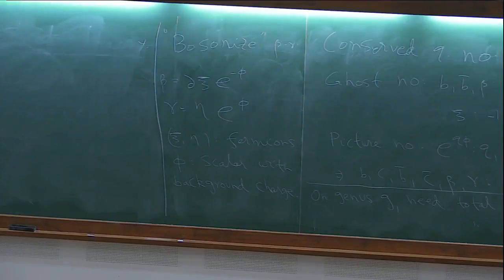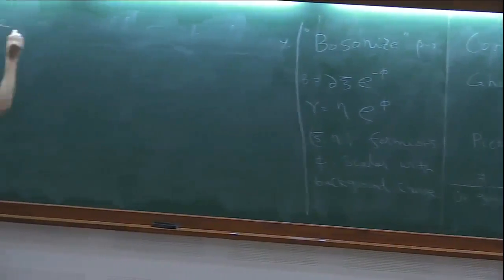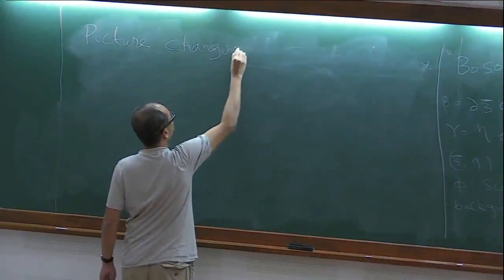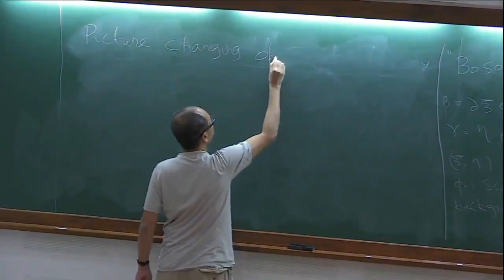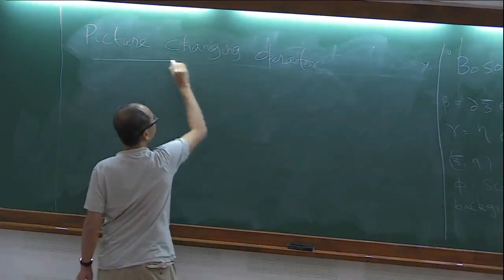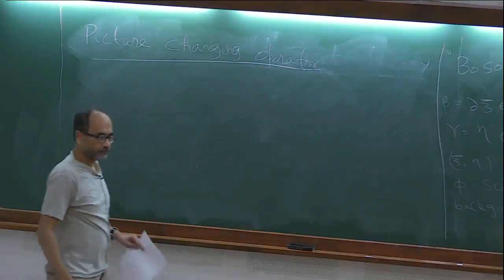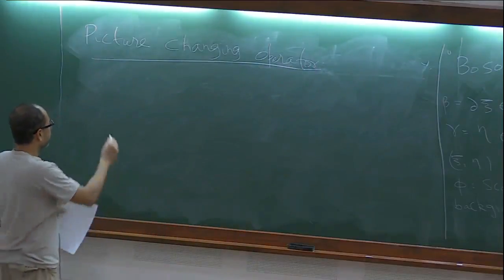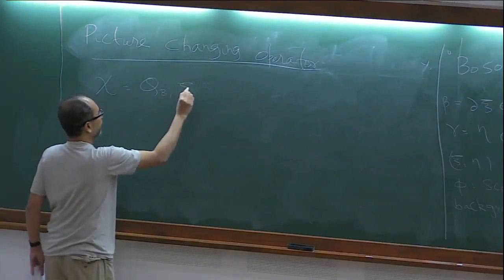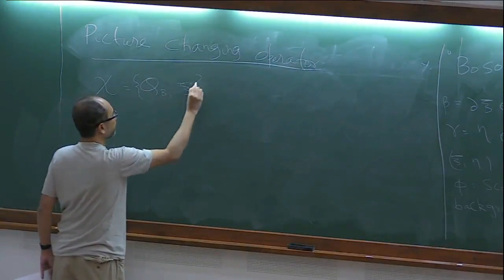Okay, now I'll introduce another very useful notion, the picture changing operator. So this is defined as the anti-commutator between QB and Xi.